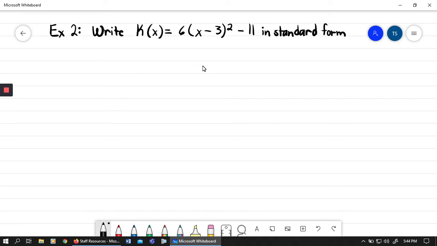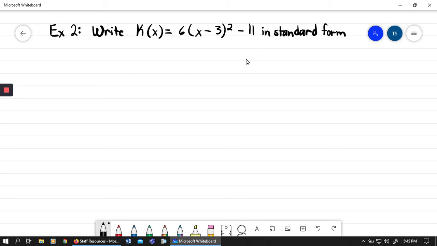Again, the technical form for that first example was intercept form at first. This one is called vertex form technically, but we'll have later lessons talking specifically about these other types of forms. But again, we're going to write this function in standard form.